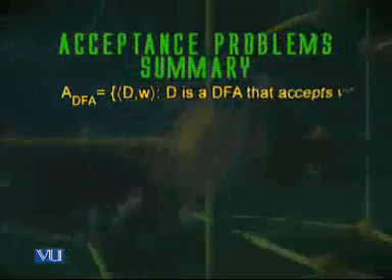In this course, we have looked at the acceptance problem for many other models of computation. For example, we looked at the acceptance problem for DFAs. We looked at the acceptance problem for linear bounded automata now. We looked at the generation problem for context-free grammars. We looked at the generation problem for regular languages. So let's look at the summary of what we have done so far.